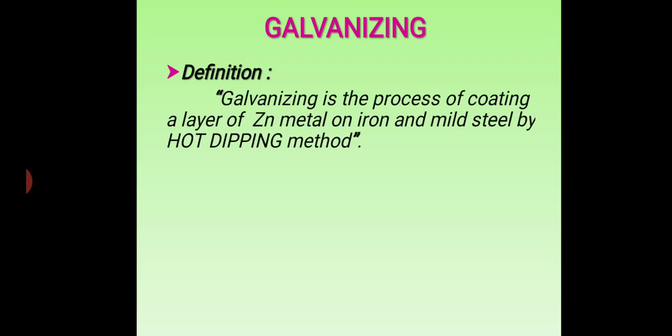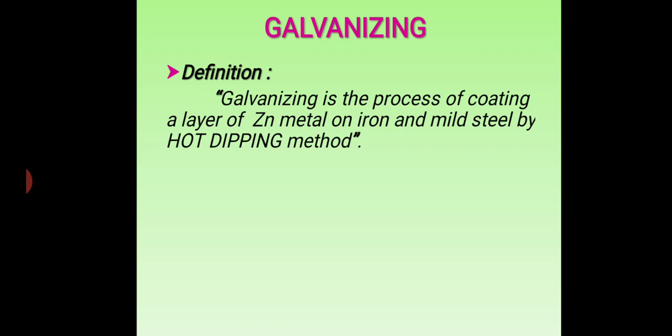Galvanizing. Okay, before actually knowing the process of galvanization, let us just know what galvanizing means. Galvanizing in this particular case is the process of coating a layer of zinc metal on iron and mild steel by hot dipping method.